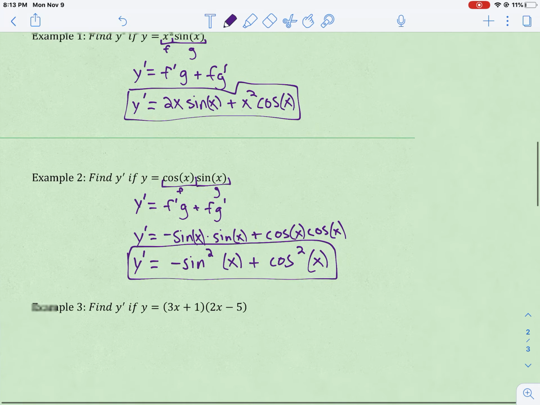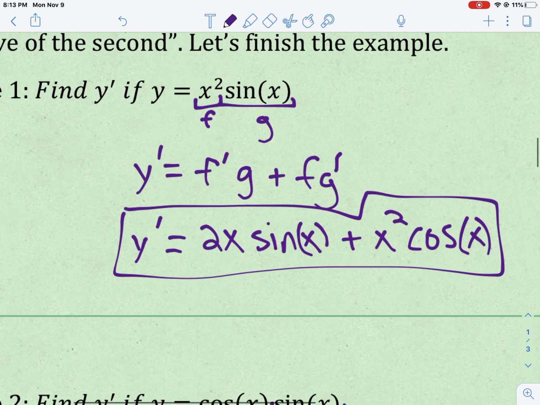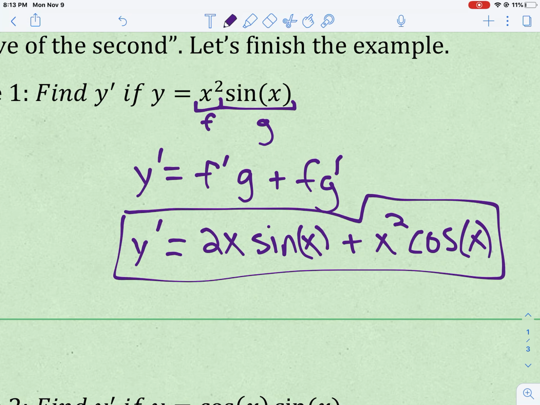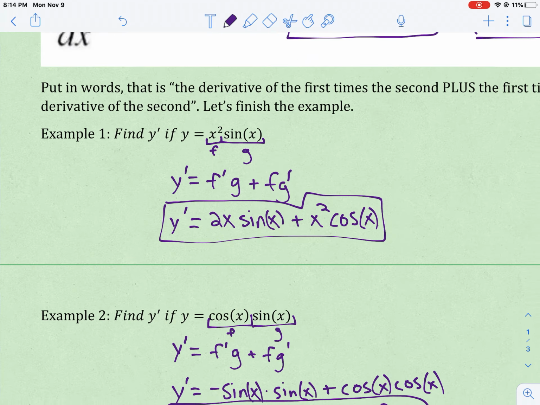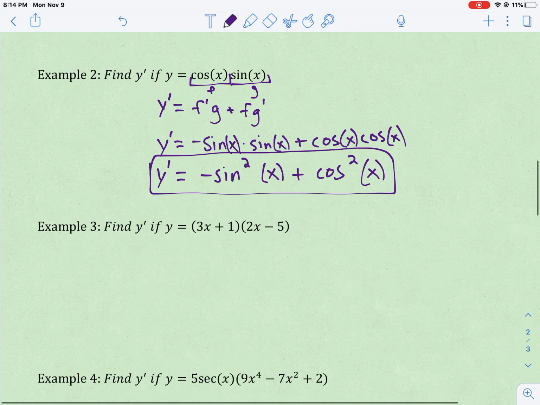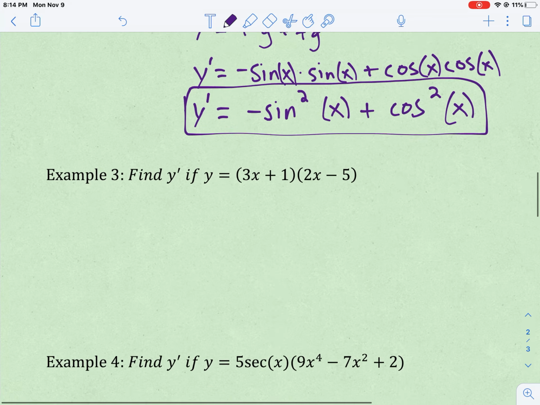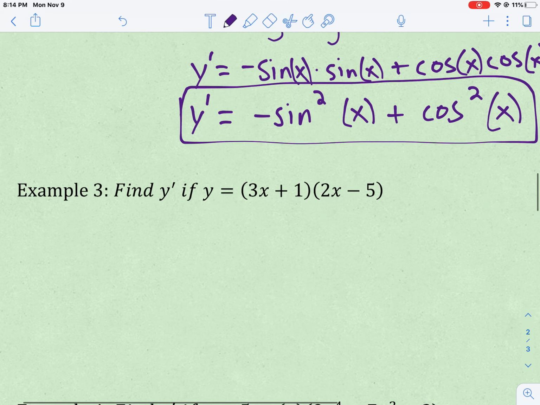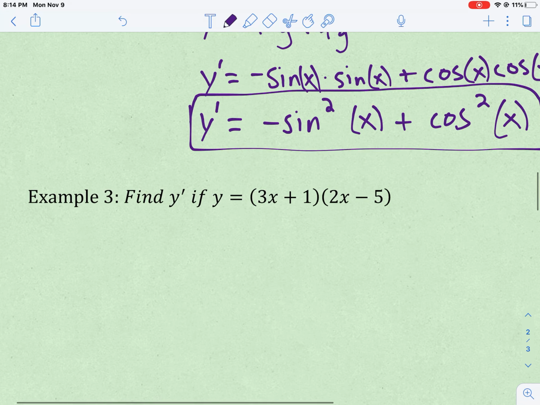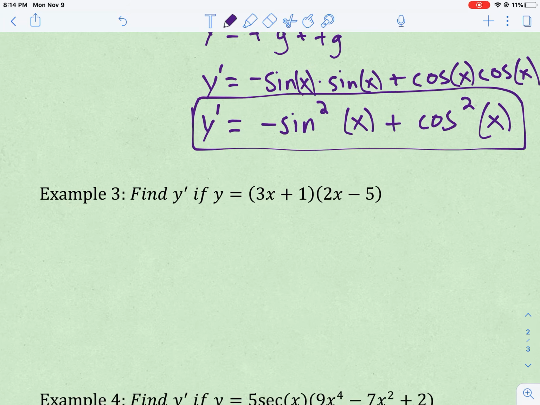Okay? So, you know, in this problem, we could have factored out an x. You just want to keep your eyes open for that, but not required. Now, here's an example 3, where if you notice, you can do this a couple ways, okay? Number one, let's do it the product rule way.